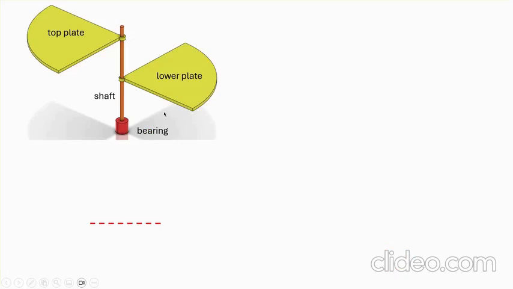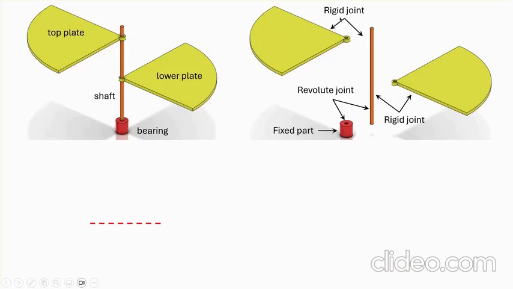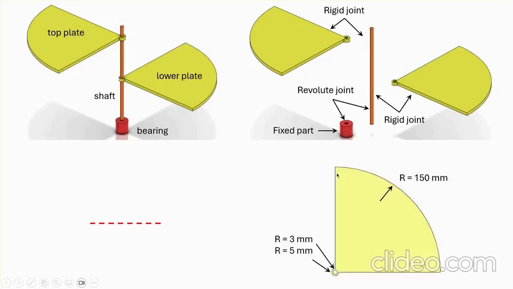So I'm going to call this thing the lower plate, top plate, shaft, and the bearing. And I create a rigid joint between the top plate and the shaft, between the bottom plate and the shaft, and there's going to be a revolute between the shaft and the bearing, which you have to specify the speed on it.